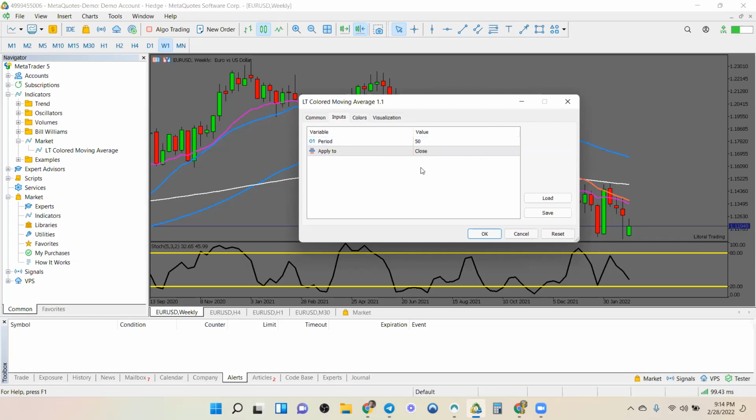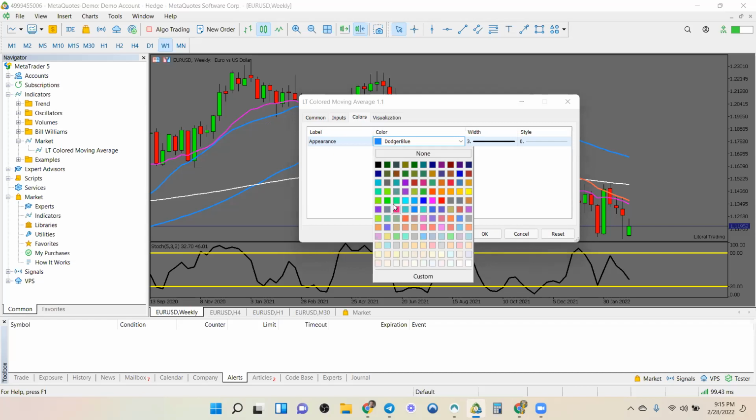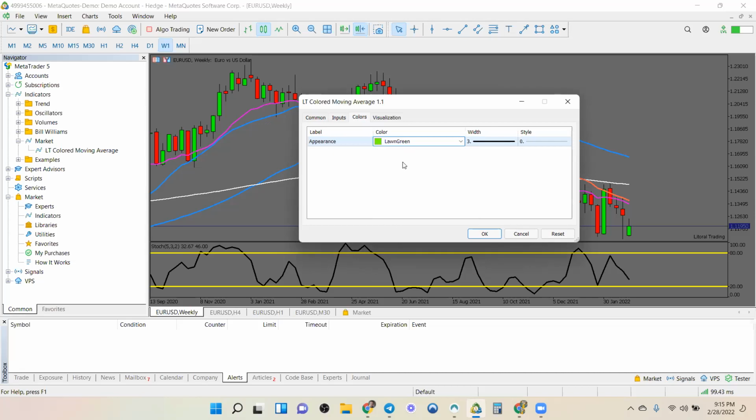All right, apply to close is fine. Okay, go to colors. Is it allowing you to change that color? Sometimes when it's free, it does. Yeah, it does change. All right, cool. So change that blue to green. Any green, the green that you like, but change it to green. Got it. All right, and I want you to click OK.